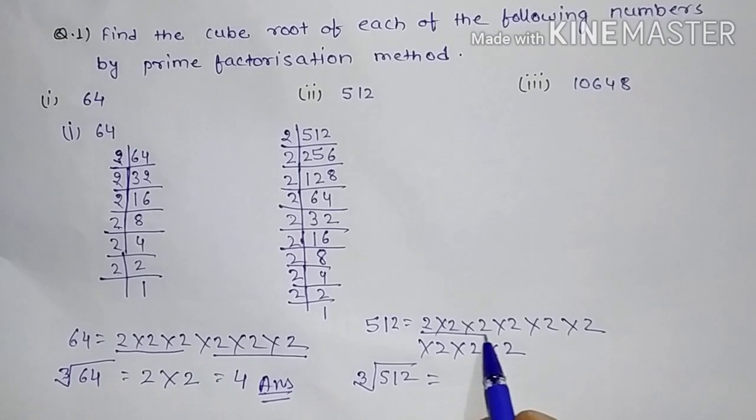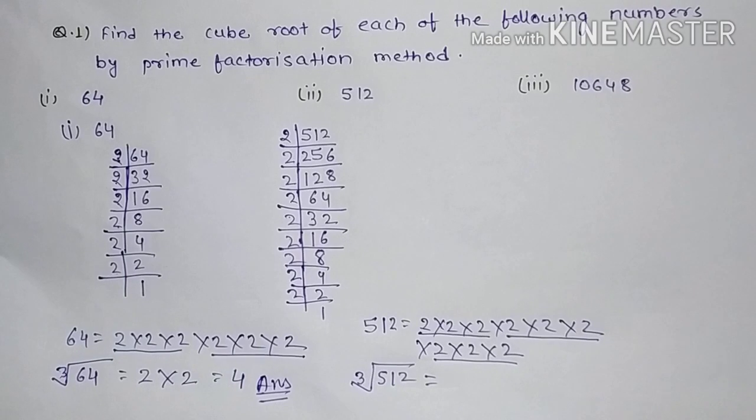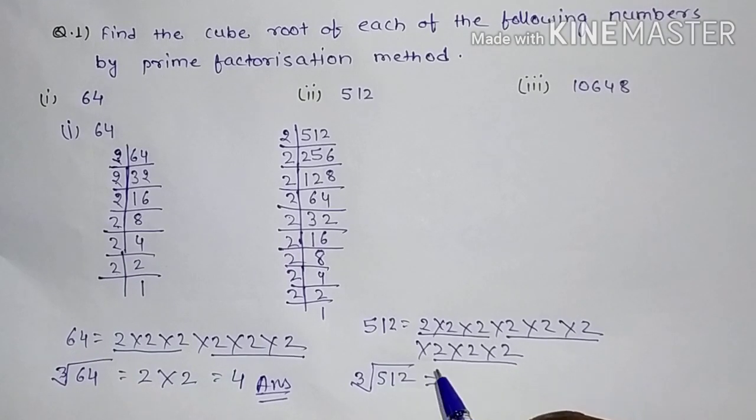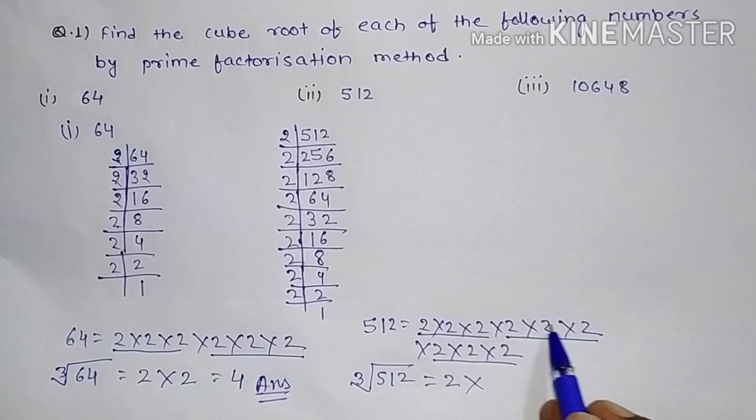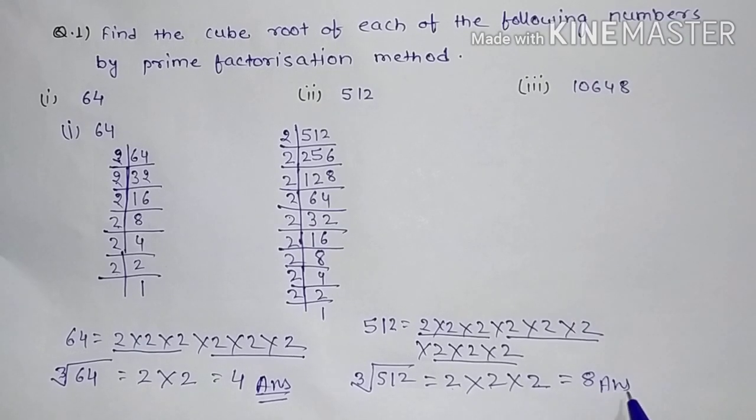So this is the first triplet, this is the second triplet, and this is the third triplet. In the first triplet we can take 2 because it's a triplet of 2. So 2 into, and from the second triplet we can take 2, and from the third triplet we can also take 2. Multiply 2 2 are 4, 4 2 are 8. Now 8 is the cube root of 512. So this is the answer, and it's very simple.